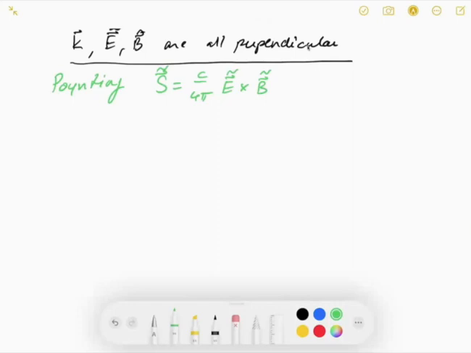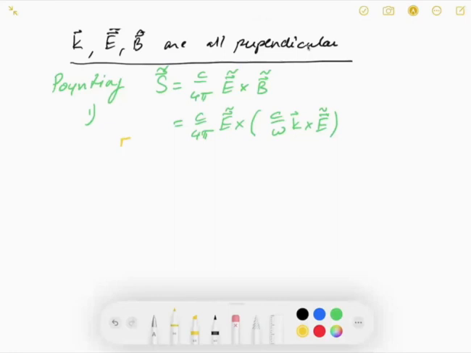So for instance, we can say, one, we're going to eliminate our B's in favor of E's. So then we get c over 4 pi, and we have our E. We're going to cross that with our B, but our B, meanwhile, is c over omega, K crossed with E, which we got on the previous slide. And then we use our triple product rule.